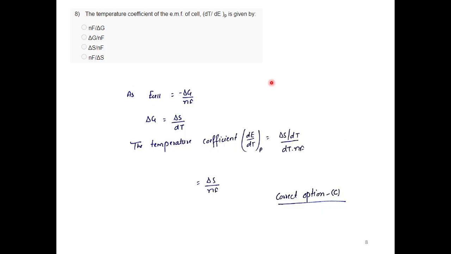And here you need to find out the temperature coefficient, which comes as delta S by nF, that is del E by del T at constant P. For temperature you just reverse it, so del T by del E at constant pressure, so you are getting delta S by nF.